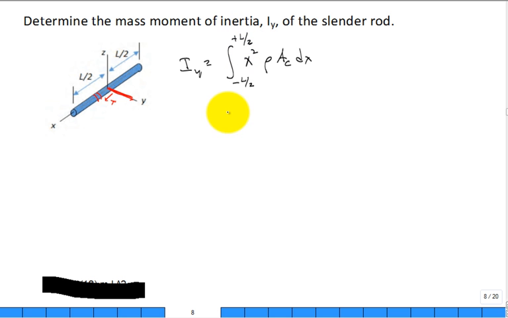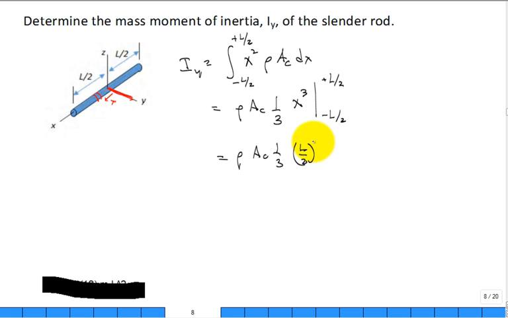Yeah. And so we're left with rho a sub c 1/3. Then we're going to have x cubed evaluated plus L over 2 minus L over 2. So we're going to pick up rho AC 1/3 L over 2 cubed minus a negative L over 2 cubed. So you get L cubed over 8 minus negative L cubed over 8, but it's a minus, so it's a plus.